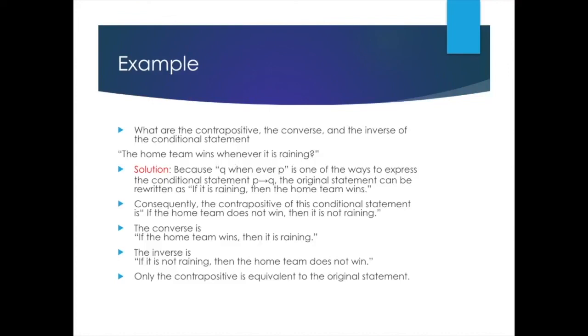And this is the inverse of the conditional statement we just described before. So only here you will find that the contrapositive is equivalent to the original statement, as we are going to see in the next examples. We will take more examples about each one of them, and we will study them carefully and slowly.